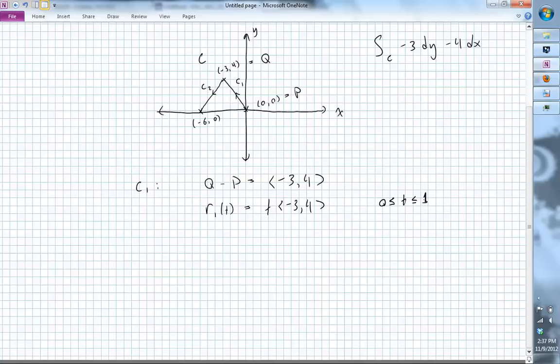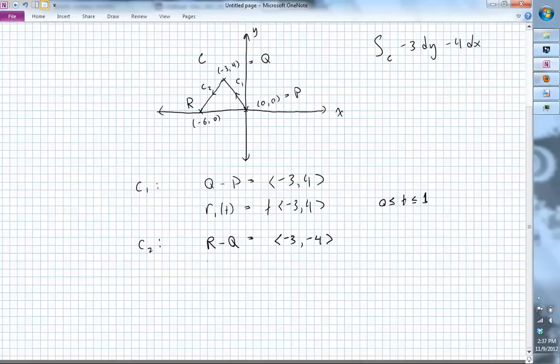All right, let's do C2. So for C2, let's call this capital R here. We'll do R minus Q. R is -6, 0, and Q is -3, 4. So it looks like we have -3 and -4.